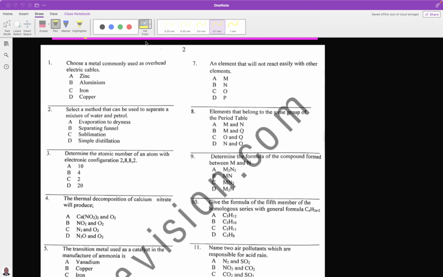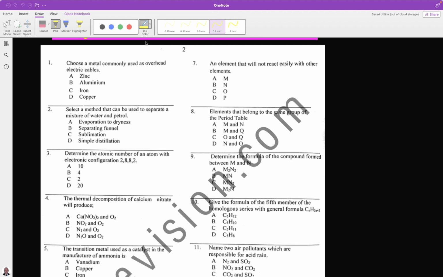Question number 3. Determine the atomic number of an atom with electronic configuration 2, 8, 8, 2.